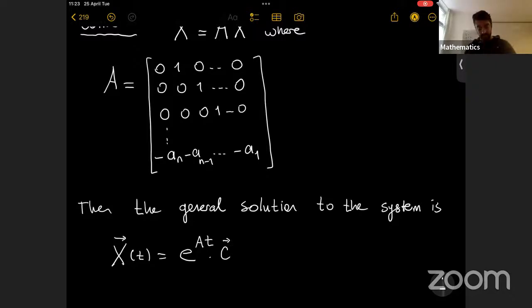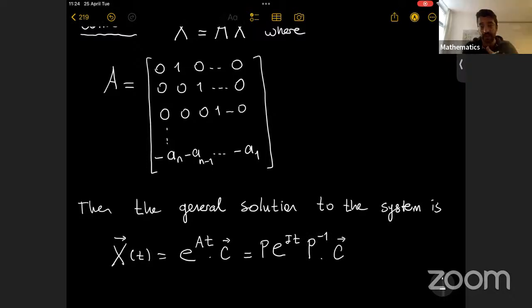And matrices are either diagonalizable, or it may not be diagonalizable at all. So we use Jordan form, right? In that case, we use this form, P times e to the Jt, P inverse times the constant vector. What is P and J here?